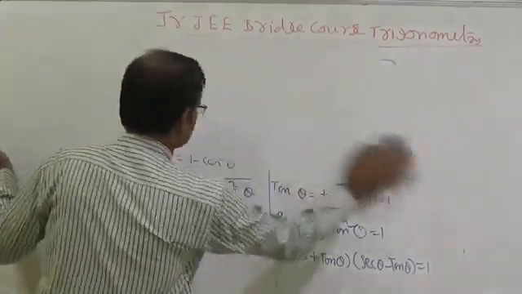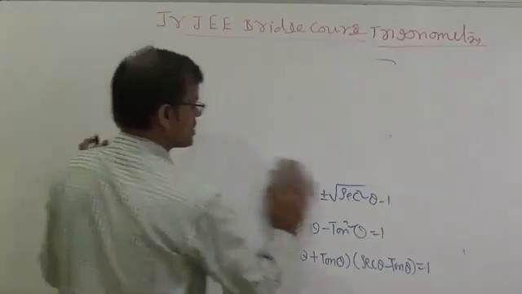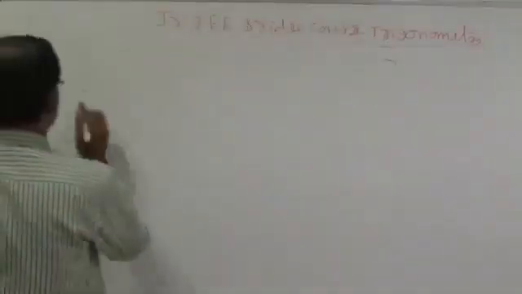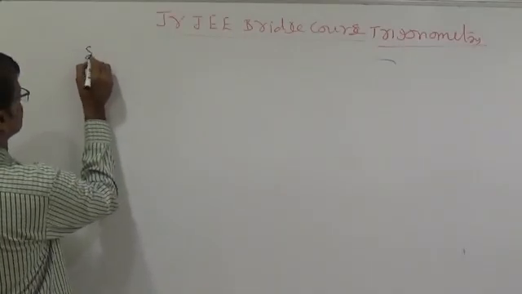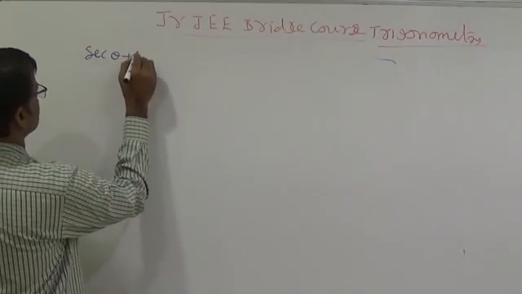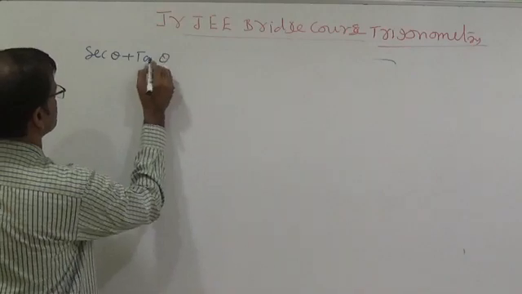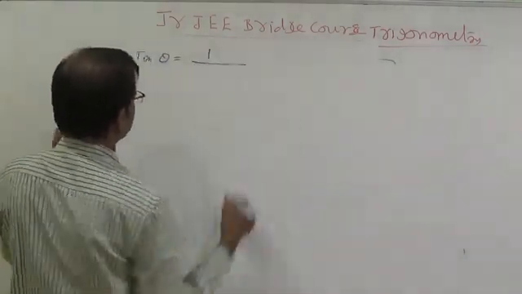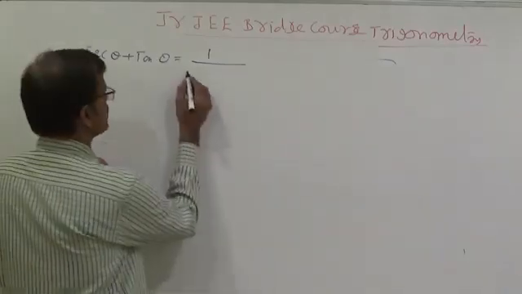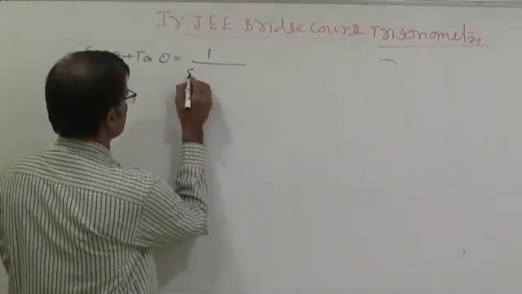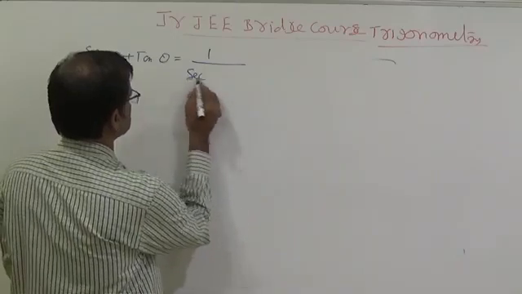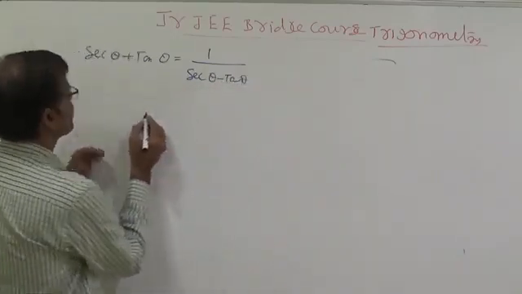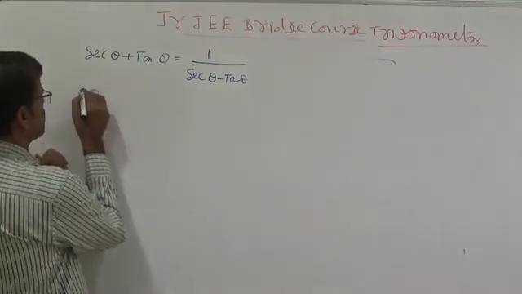Say that if secant theta plus tan theta is equal to p. Since secant theta plus tan theta into secant theta minus tan theta is equal to 1, secant theta plus tan theta is equal to 1 by secant theta minus tan theta, or vice versa.